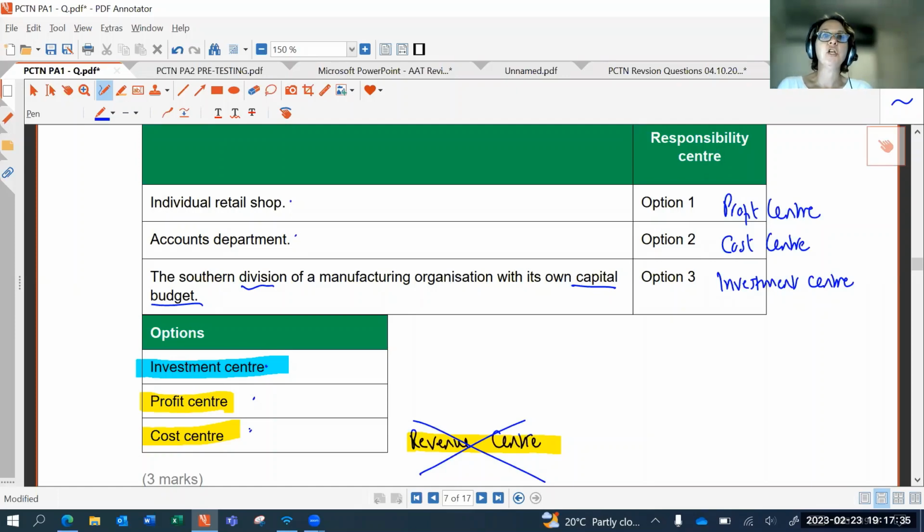So I'm going just on the data that I've been given. Unless they're telling me that this particular organisation or part of the organisation has its own capital budget, I'm not really able to know that it's an investment centre. So I'm not saying that it wouldn't be, and I'm not saying that it couldn't be. I'm just saying in this question, I don't think it stood out as being an investment centre because that sentence was missing.